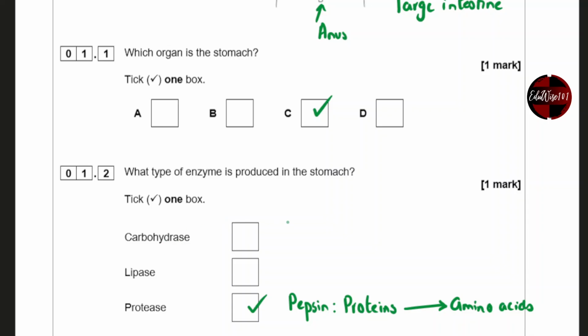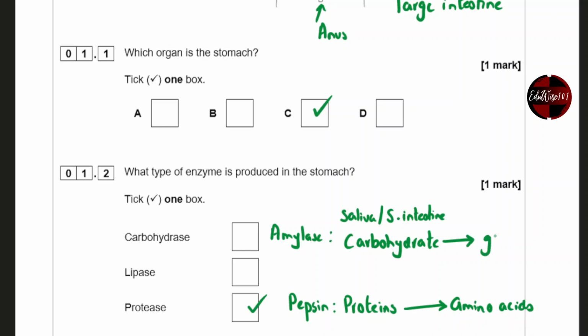Now carbohydrases, an example is amylase, that you find in the saliva and in the small intestine. That generally breaks down carbohydrate to glucose.